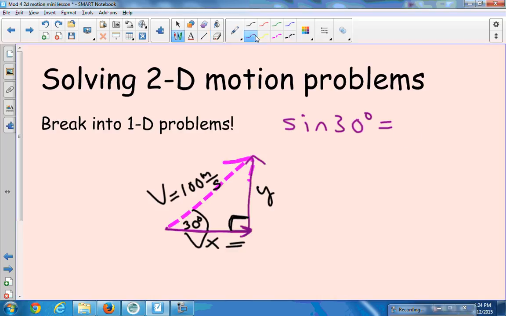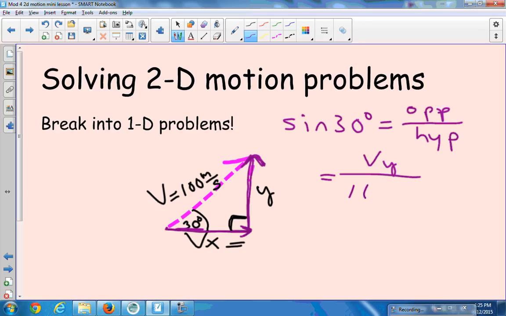So sine is opposite over hypotenuse. So opposite, sat on her. This would actually let me find out my y. So from 30 degrees, the opposite side is over here. So this would be the opposite side. That's my vertical component divided by my hypotenuse, which is 100 meters per second.